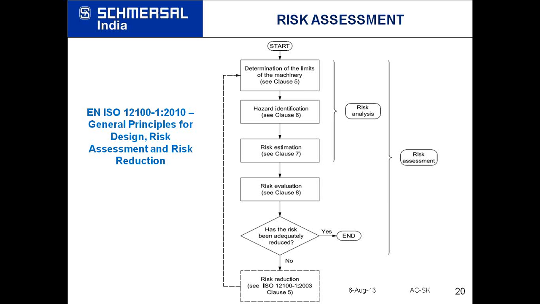Let me explain briefly. Let us suppose we take a machine for risk assessment, say a packaging machine. It can be made to run at, say, 2,500 RPM. But it has been sold to a company which runs it only at 1,000 RPM because of product constraints or something.